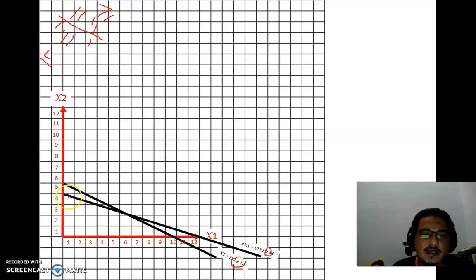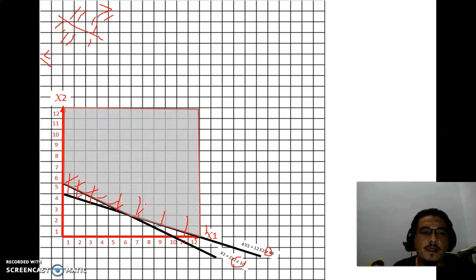This line starts from here, and this line starts from here. Where is the feasible area? The feasible area is here, the shaded area for both lines. So the feasible area is here, that means we have three possible points.